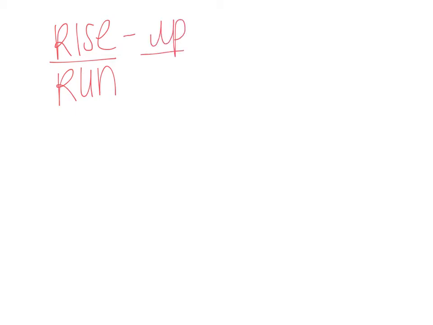There are a few ways to figure out what the slope of a line or a graph is. The first way is rise over run. So we are going to count up and over.